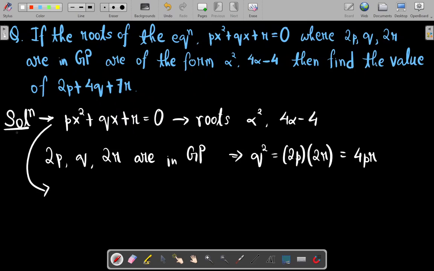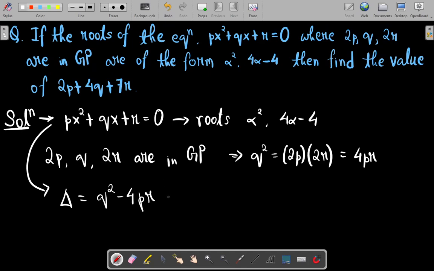Now, if the quadratic equation is px square plus qx plus r, the discriminant of this quadratic equation will be equal to q square minus 4 times p times r. But we have derived, since 2p, q and 2r are in GP, that q square is equal to 4pr.